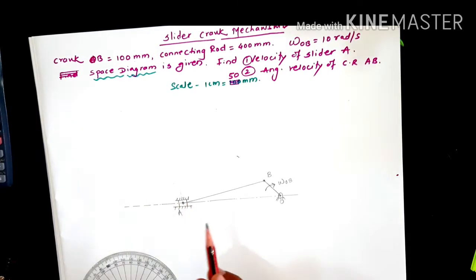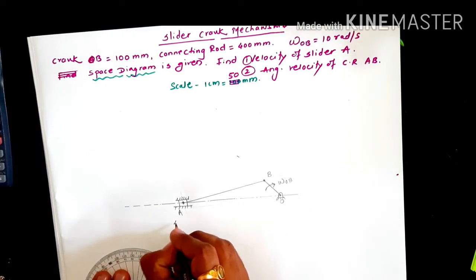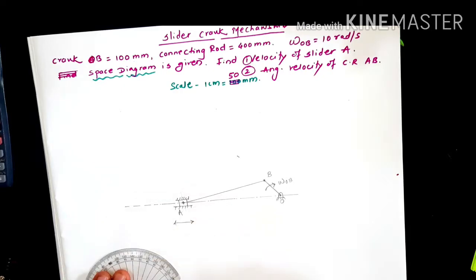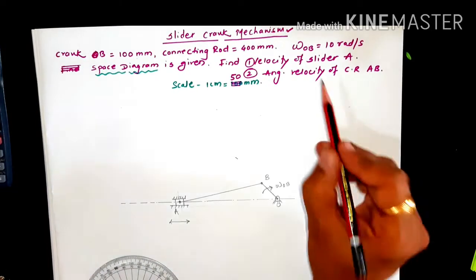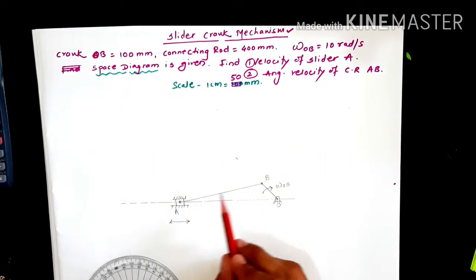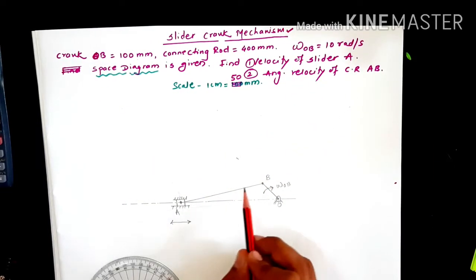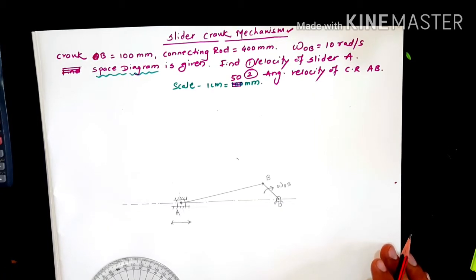These are the guideways, so the line of stroke will be in this direction, and the slider will move like this. Now we have to find the velocity of slider A and the angular velocity of connecting rod AB, with the help of the instantaneous center method.